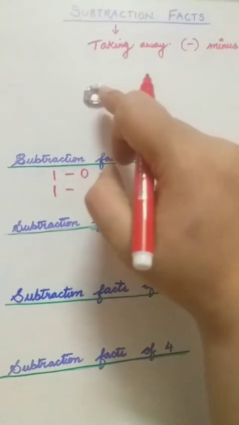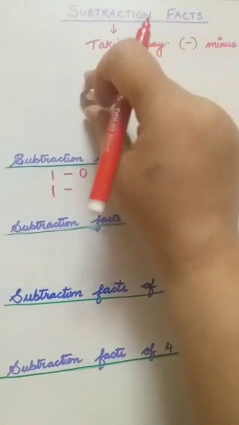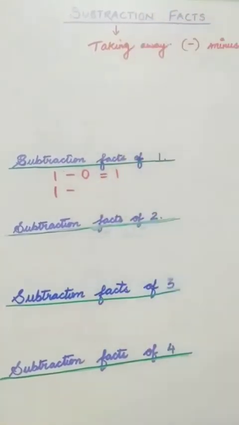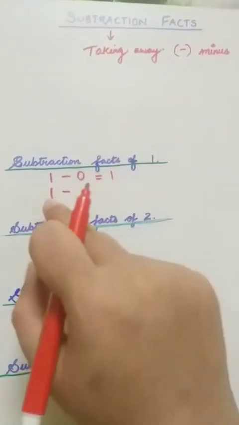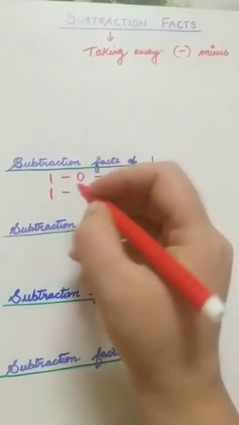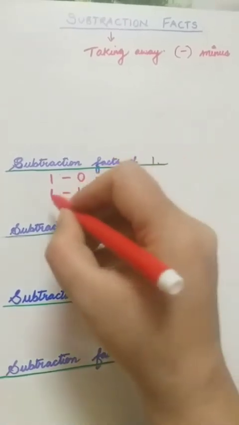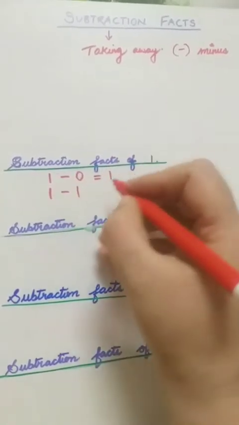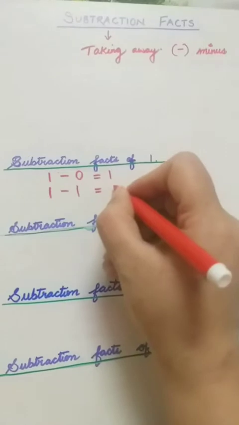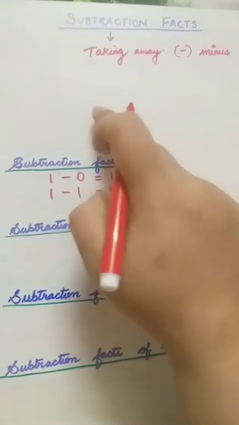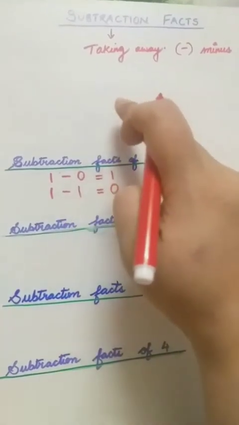So from 1, now we will take away 1. So from 1 we have taken away how many? 1. So 1 minus 1 is equal to 0. We have 0 buttons left.